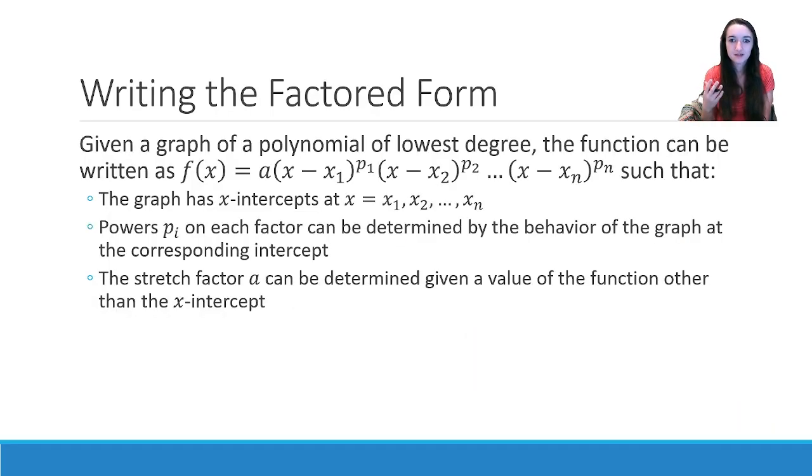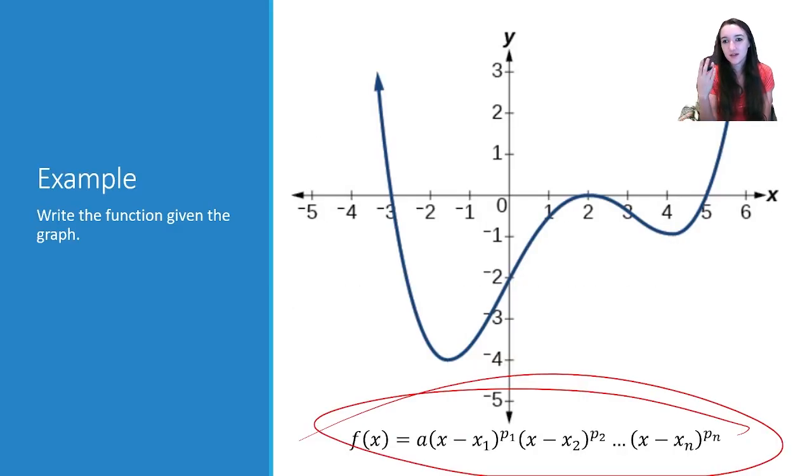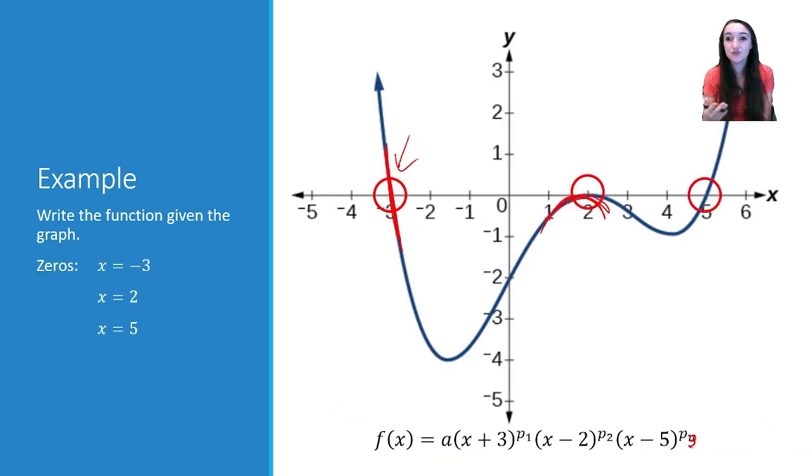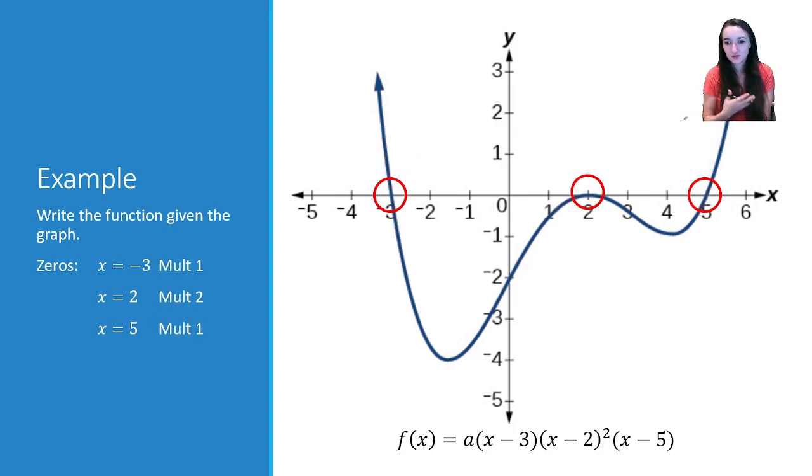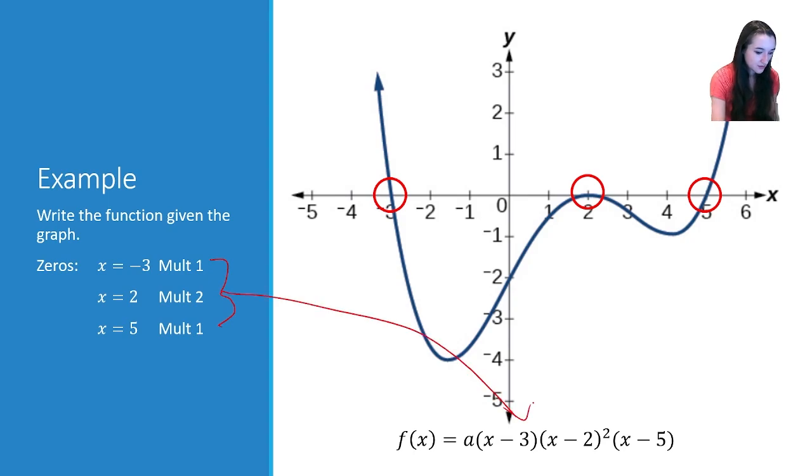Again, lowest degree means it's going to be multiplicity of 2, not multiplicity of 4 or 6 or 8. So we're just going with the lowest thing it could possibly be. So multiplicity of 2. And then finally, our last one, again, we're going straight through, no curves. So we have odd multiplicity, specifically multiplicity of 1. So it looks like this. And then I can just take all of this and use it to replace the p-values. So p1, p2, p3 are now 1, 2, and 1 again.